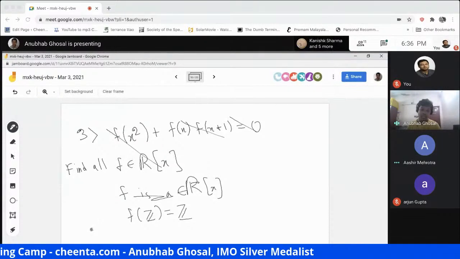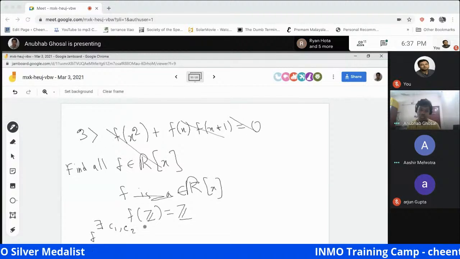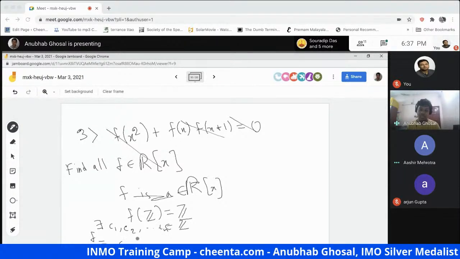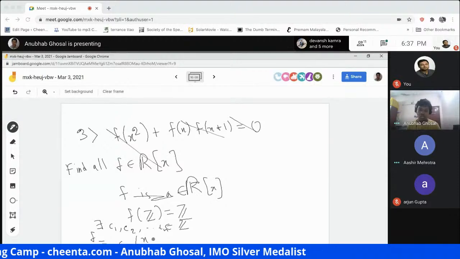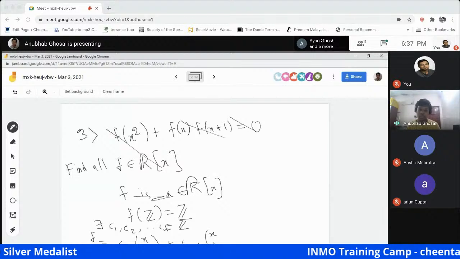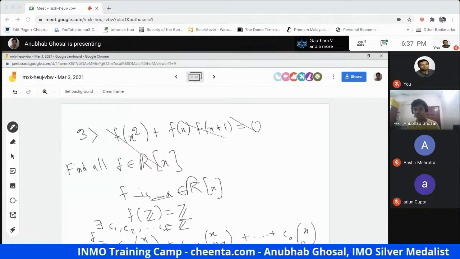If f of the integers is integers, then there exist integers c_0, c_1, and so on up to c_n, such that f is c_n times x choose n plus c_(n-1) times x choose n-1 plus, and so on, up to c_0 times x choose 0.